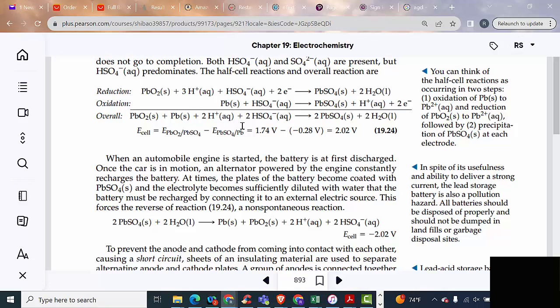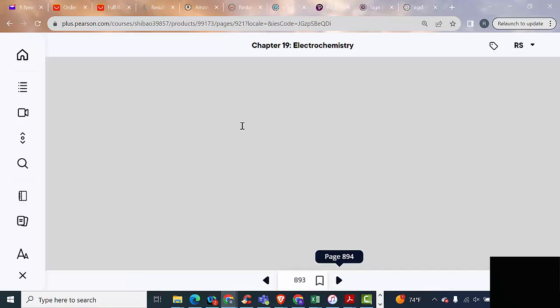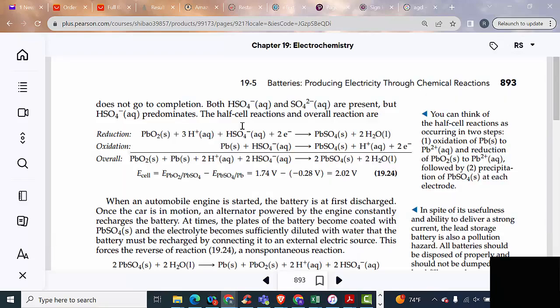And so in order to reverse this, we're going to need more than 2.02 volts. This is that overpotential business too. And it turns out car batteries are rechargeable because even though this doesn't look so reversible, it actually is. Whereas with primary cells and secondary cells, maybe you could reverse this, but it'd be too difficult typically to get to the same thing.